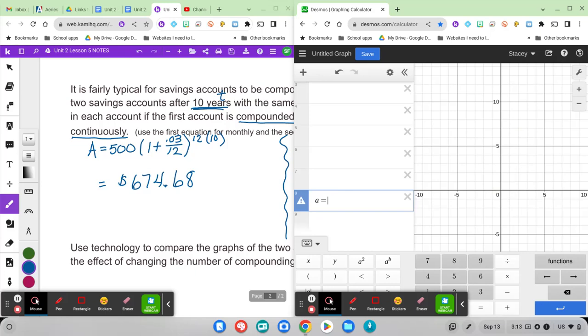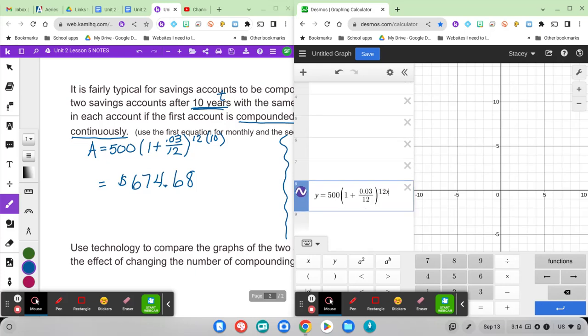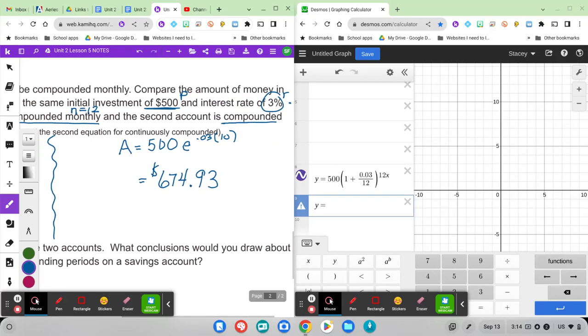So A equals, or we can do Y equals because we know that, 500 times 1 plus 0.03 over 12. And we're going to raise it to the rate, our compounding annually, and we'll get that. And then the second one, we're going to go Y equals, get that second equation. And I'm just putting in X for our T value because it just graphs a lot easier.